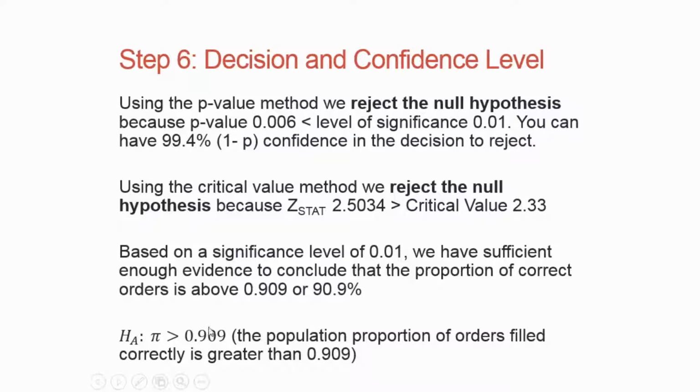That's my conclusion at the bottom. Pi is greater than 0.909. The population proportion is greater than 90.9, which means we would want to go with the new process because it does result in better performance in terms of our percentage of orders filled correctly, which is what we wanted to find out about.